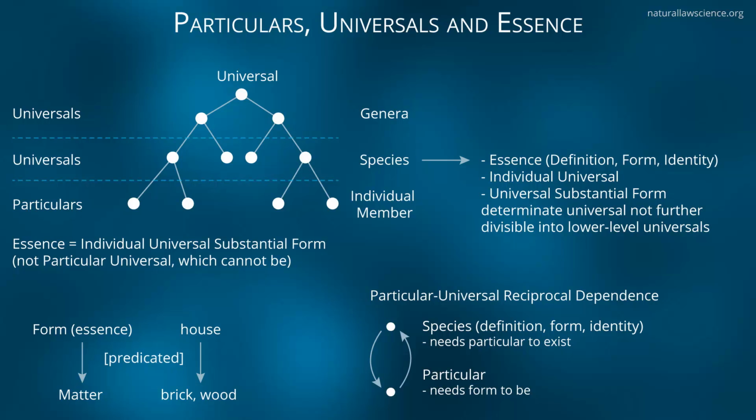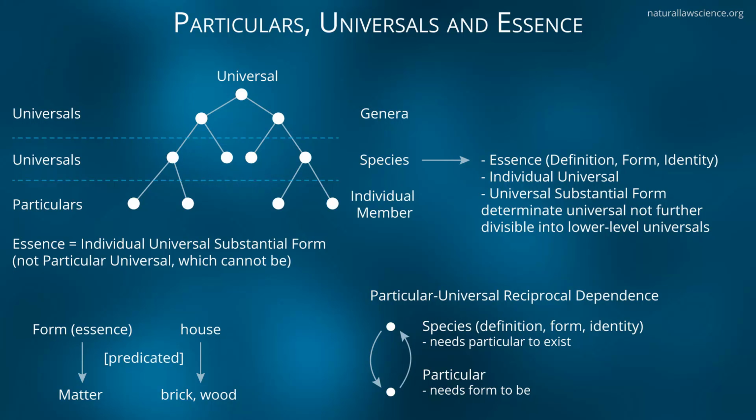So a particular universal, you can't have that, but you can have an individual member, an individual particular that exists in reality, and you can have an individual universal, because the individual universal would be an undivided universal. That means it would be the lowest level universal, which is what I described here.